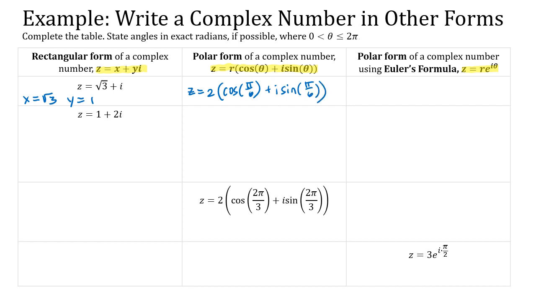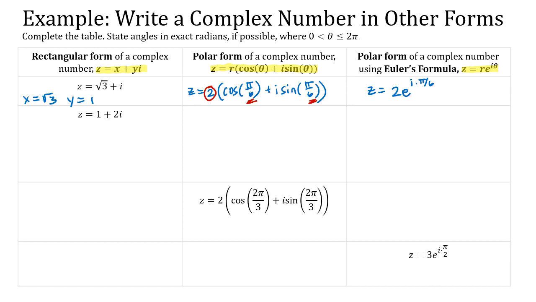So refer back to that video if you want to see the work that went behind that. Now I'm going to take that and rewrite that in Euler's formula. The r has been given as 2, and the theta has been given as pi over 6. So I'm going to say z equals, in Euler's formula, r, which is 2, times e raised to the i times theta, which is pi over 6. And that's it.